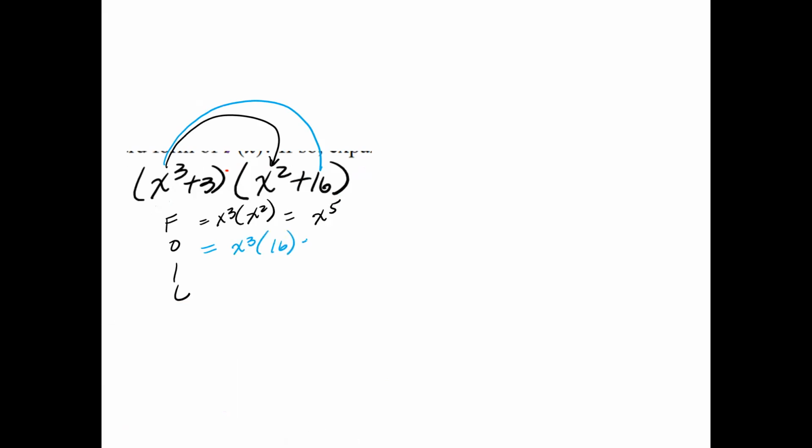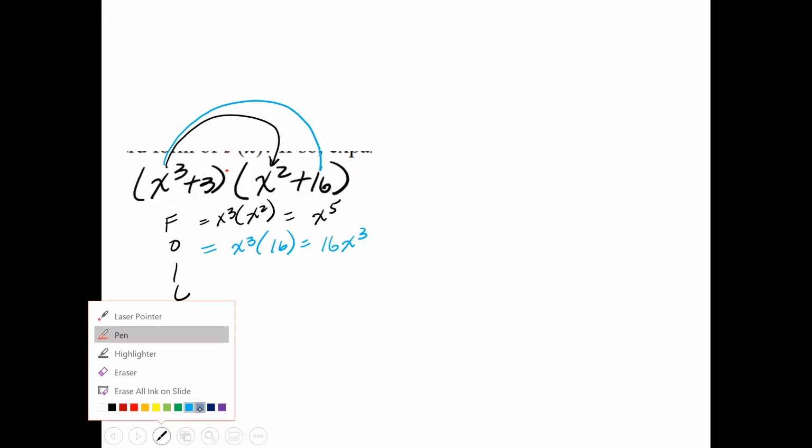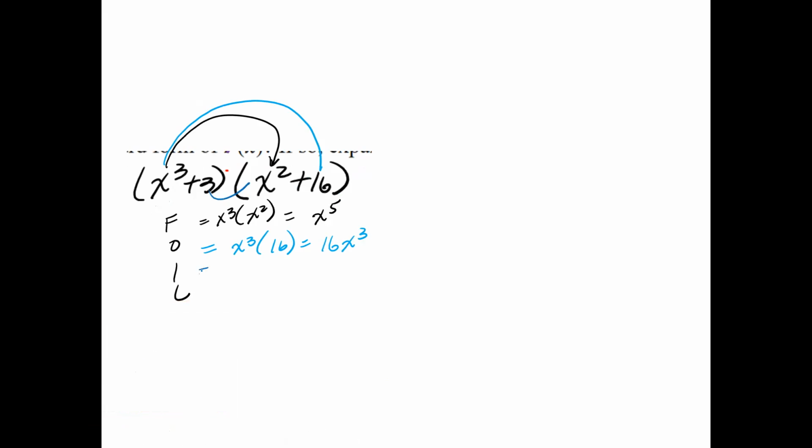All right, so here we go. FOIL. First, x squared times x squared is x to the 4th. Outside, x squared times 16 is 16x squared. Inside, 3 times x squared is 3x squared.